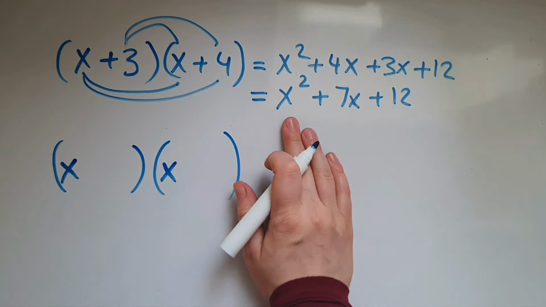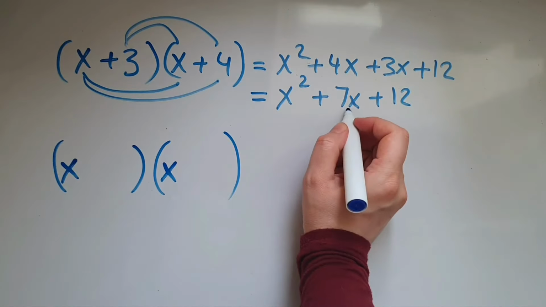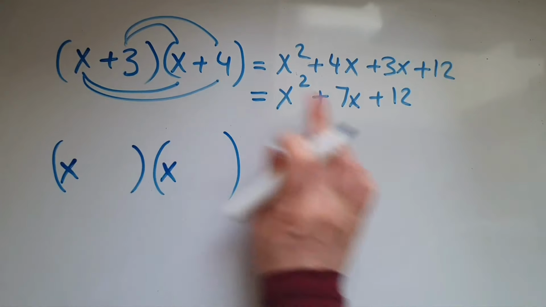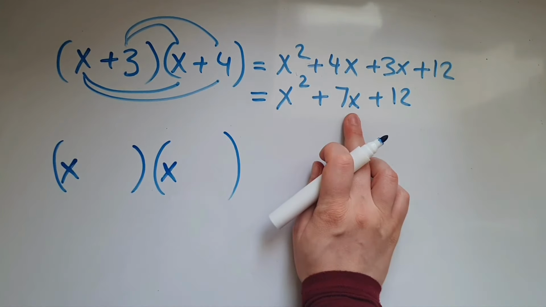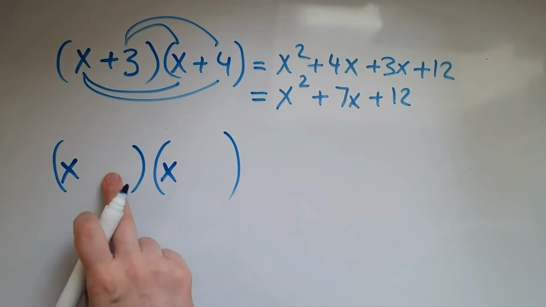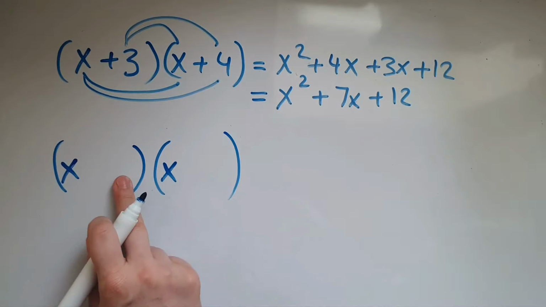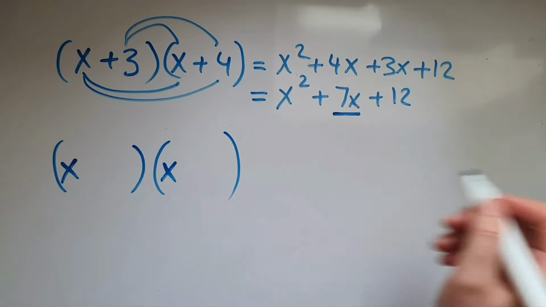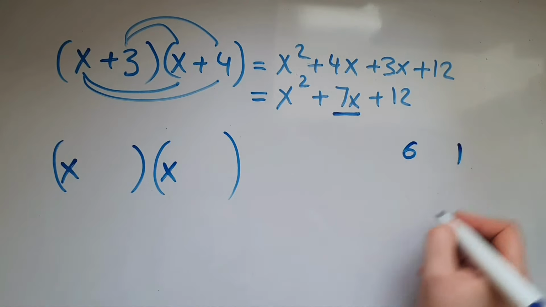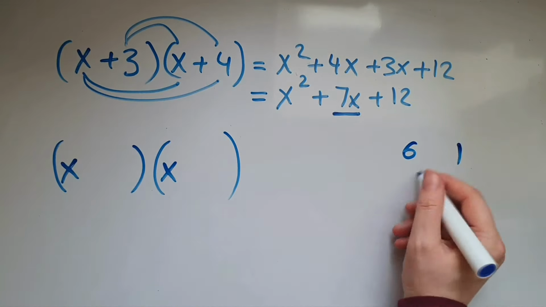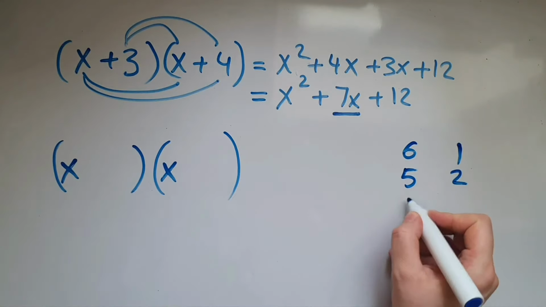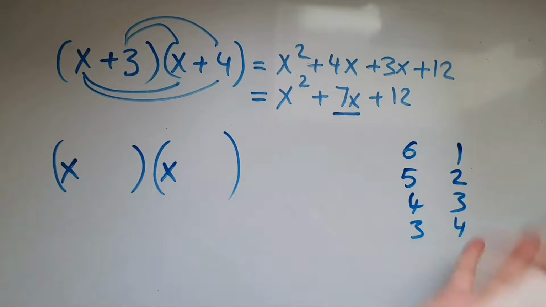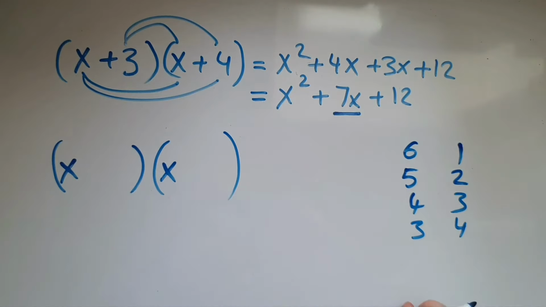And then, where did the 7x come from? 3 and 4 makes 7. So here we're looking to put two numbers, which when we add, they give us 7. So that could be 6 and 1, 5 and 2, 4 and 3, 3 and 4, switching the order, and so on.